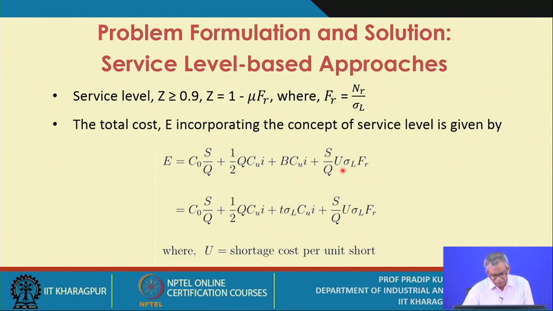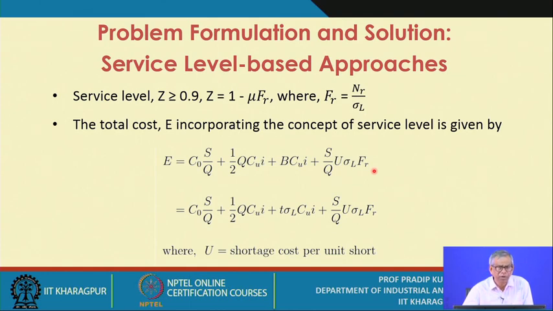And then this carrying cost for the safety stock is opposed by the out of stock cost. So what is the total out of stock cost? That means per year, so we are formulating the total cost equation per year. If S is the yearly demand and Q is the order quantity, how many order cycles do you have in a particular year? That is S by Q. What is capital U? Capital U is the shortage cost per unit short. That means we are assuming a per unit out of stock cost, and this is basically the NR.